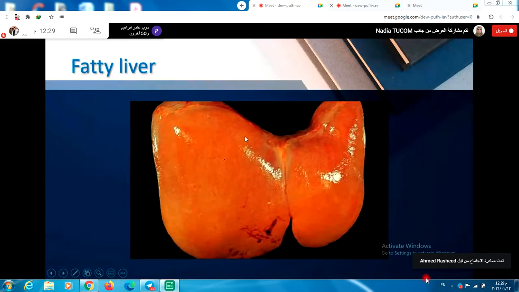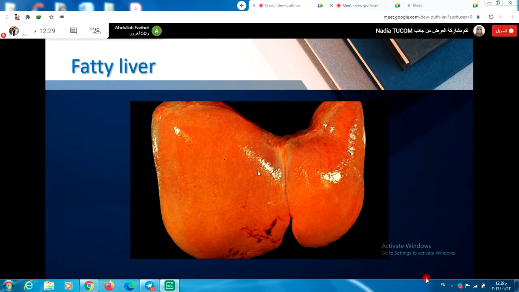Fatty liver. The normal appearance or normal color of the liver is dark red. Here it is transformed into orange or yellow with greasy texture. Guys, any idea about fatty change or fatty liver?